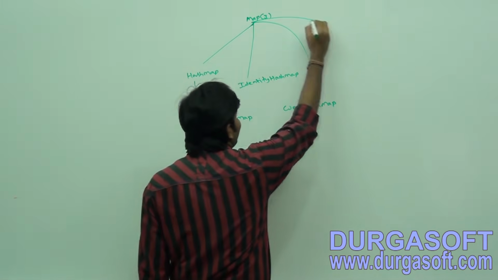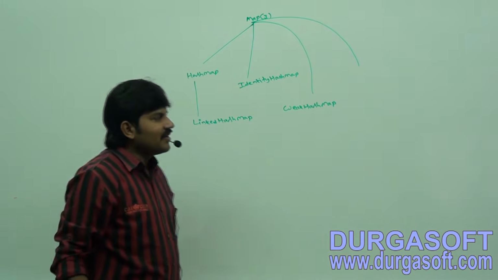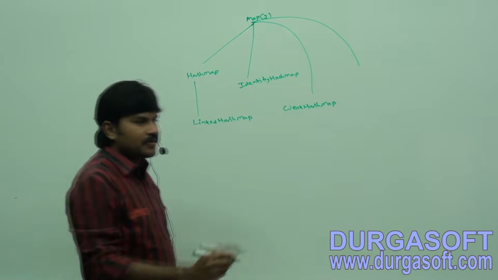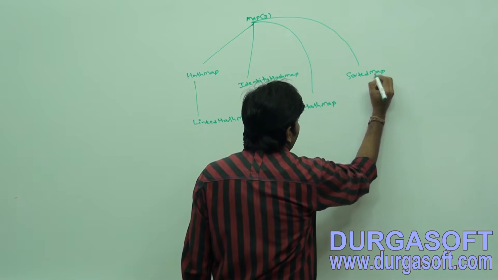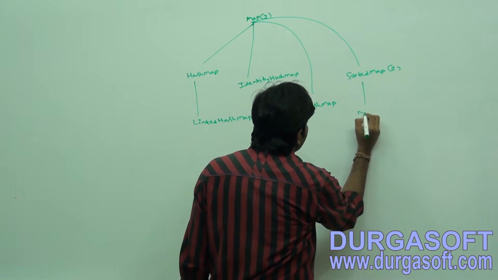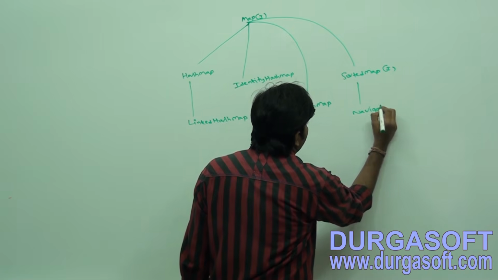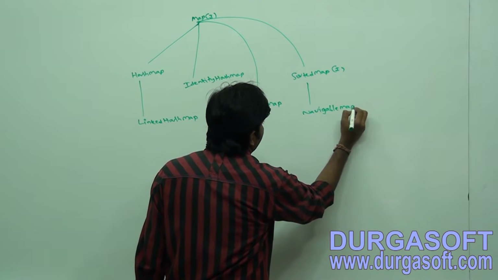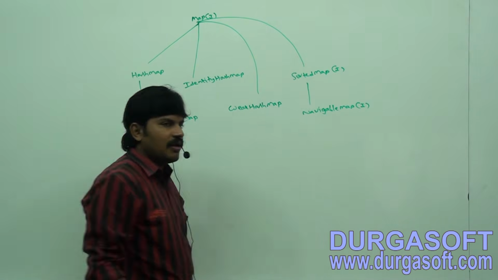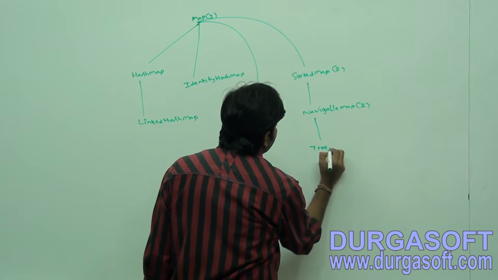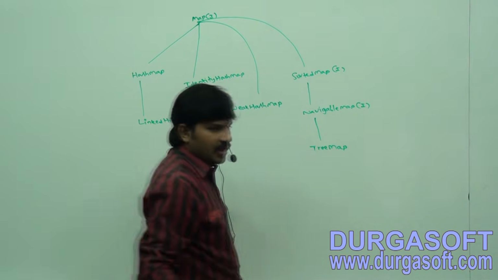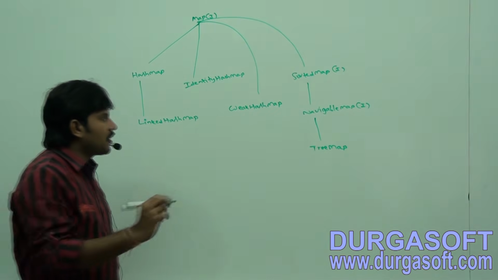That part we will discuss. Then SortedMap, and then NavigableMap, which we will discuss at last. The implementation class for that is TreeMap.